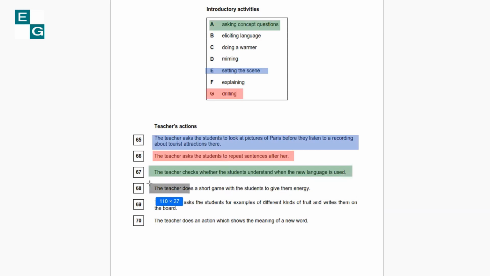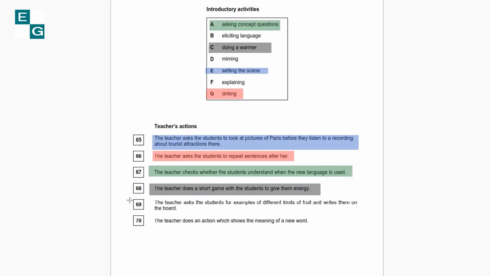Then it says the teacher does a short game with the students to give them energy. If you do that, you are going to be doing a warmer. That's what you'll be doing if you want your students to feel energetic at the beginning of your lesson.